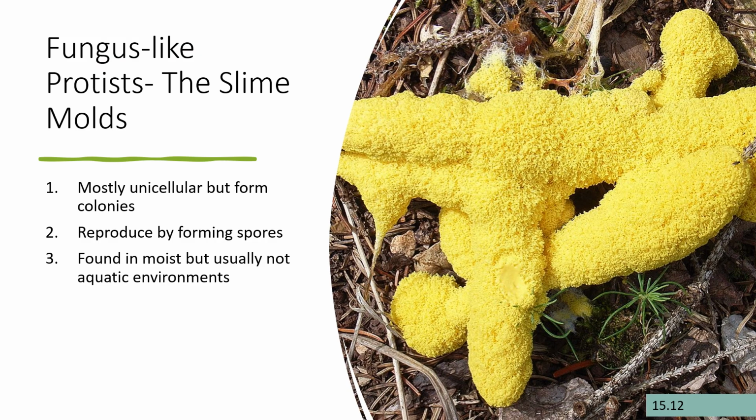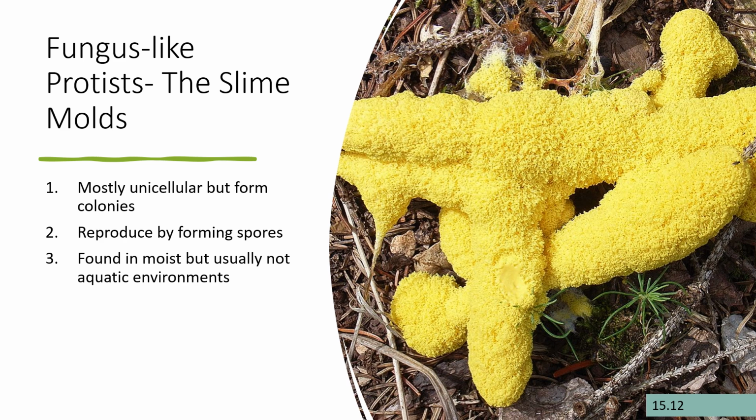So those are the protozoans, the animal-like protists. Now we're going to talk about the fungus-like protists, also known as slime molds, which are really weird and interesting. You may have seen these before and just assumed they were fungi. Most of them are unicellular, but they often form large colonies that can be visible to the naked eye.